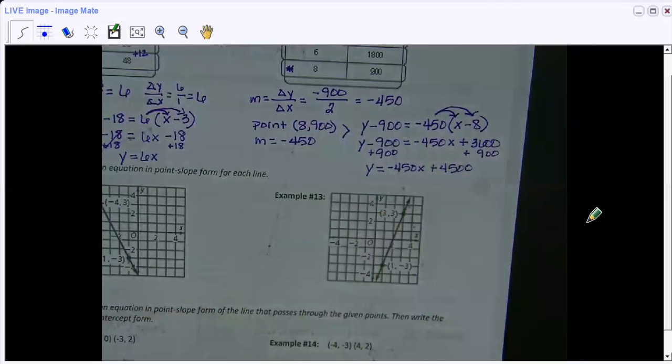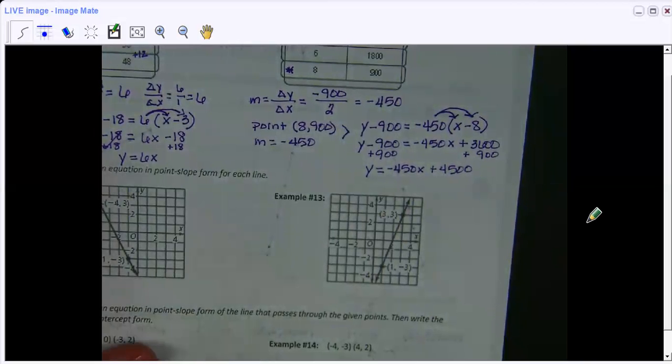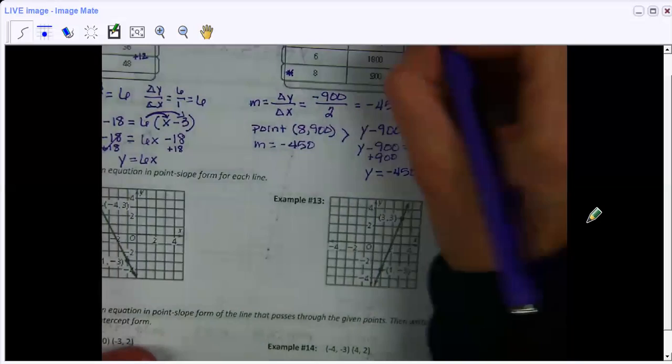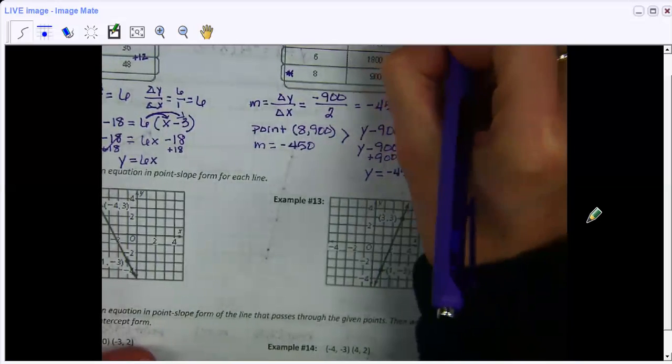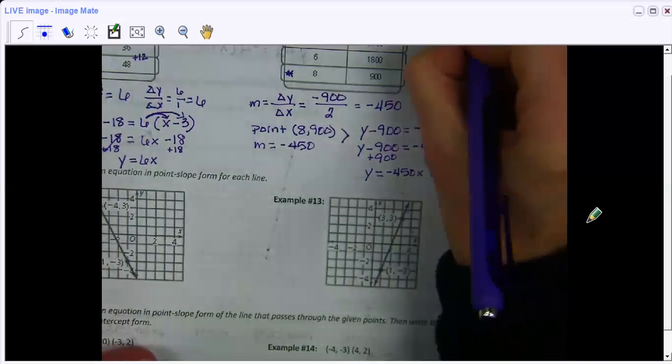So up here, I want you to write your answer: y equals negative 450x plus 4,500.